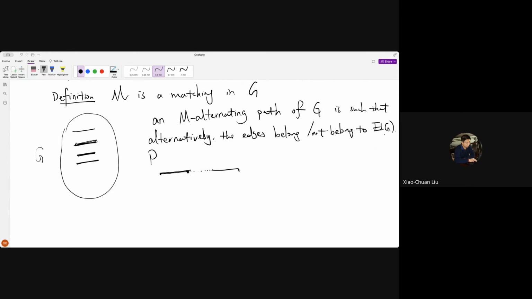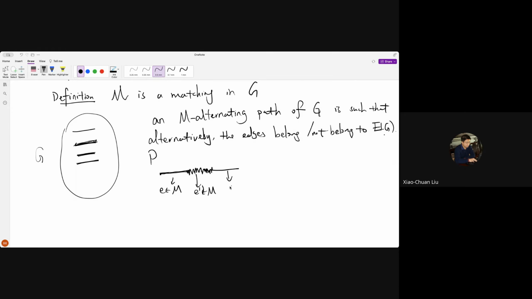It is still an edge of my graph, but this edge belongs to my matching, and this edge does not belong to my matching.